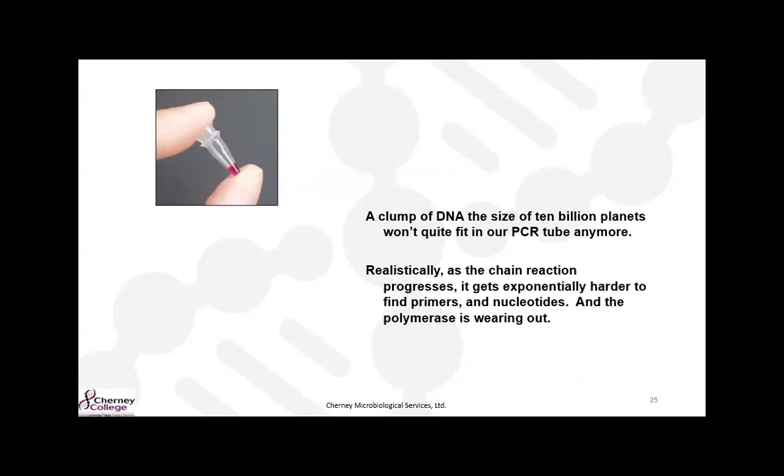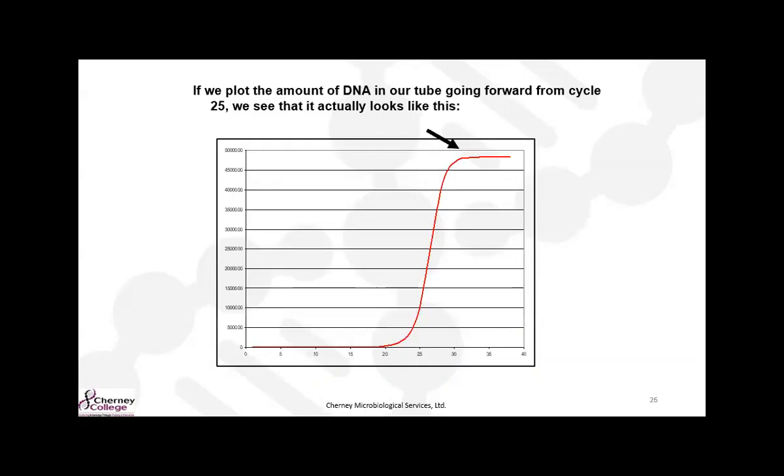Realistically, as the chain reaction progresses, it gets exponentially harder to find those primers and the nucleotides, and the polymerase that extends that DNA is wearing out. So when we plot that real-time PCR, what it's actually going to look like is a plateau at the top.